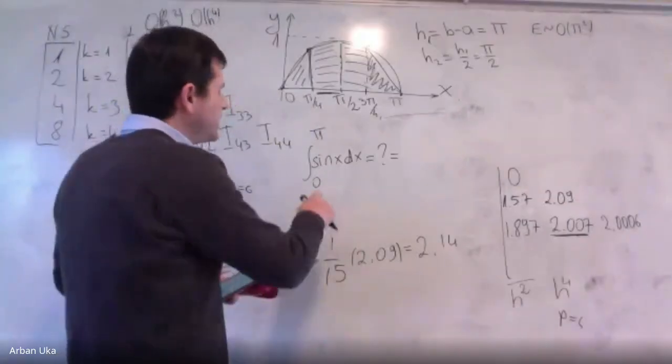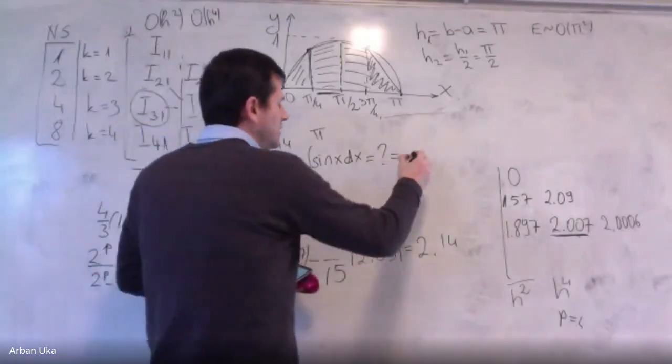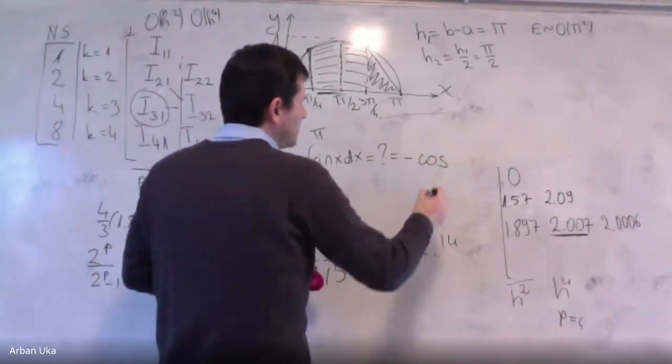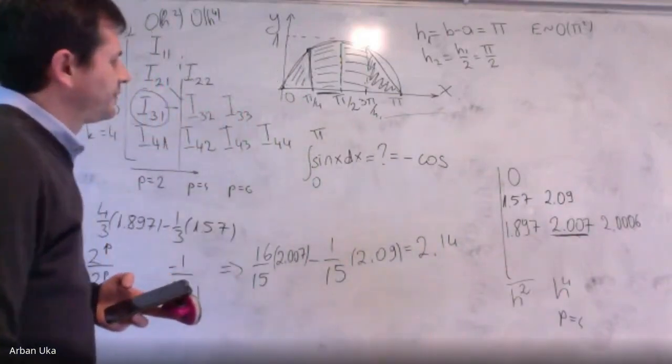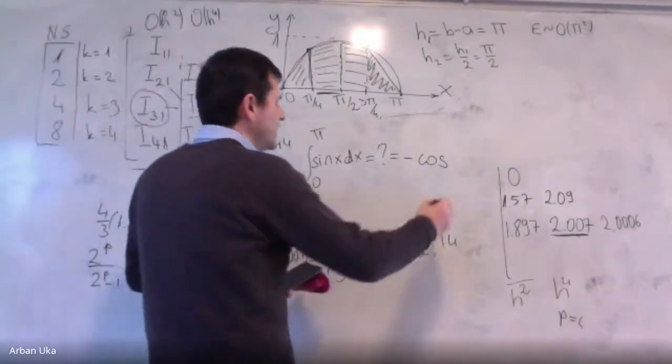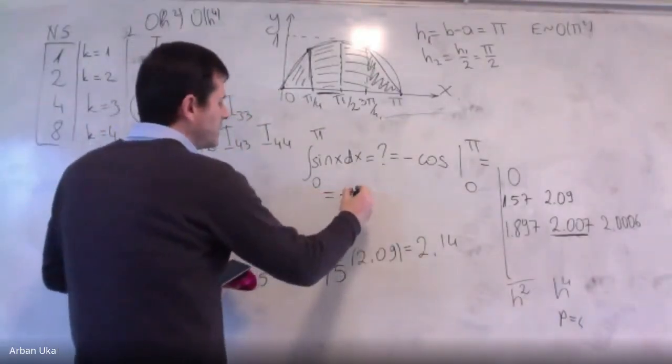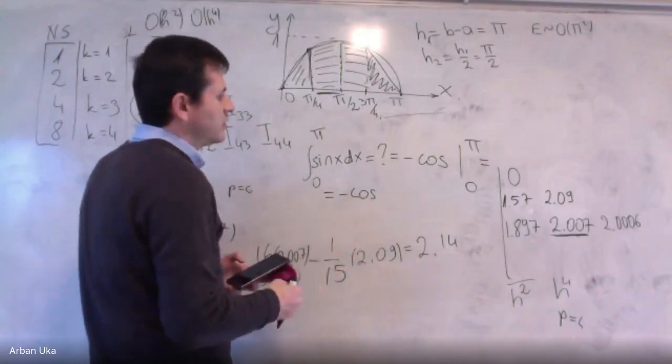Professor, should be 1, I think. Or well, let's check. What is the integral of sine of x? It's minus cosine, right? It should be 2, sorry. Okay, 2. So it's minus cosine. Actually, I don't like the minus.